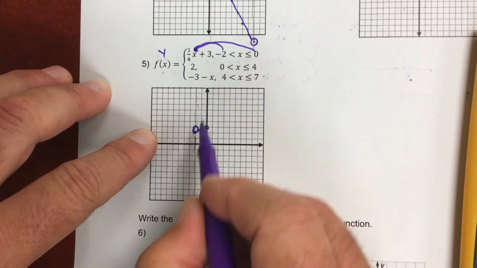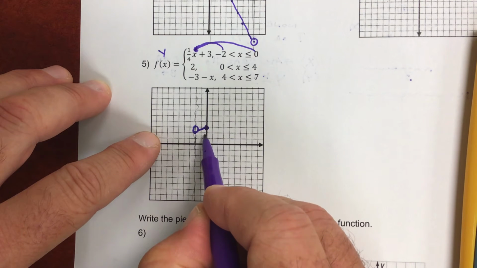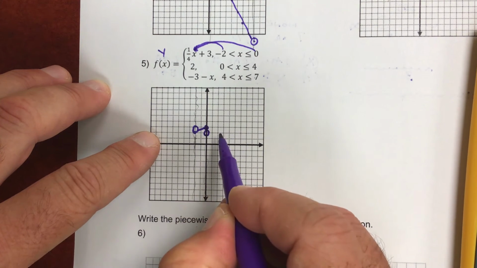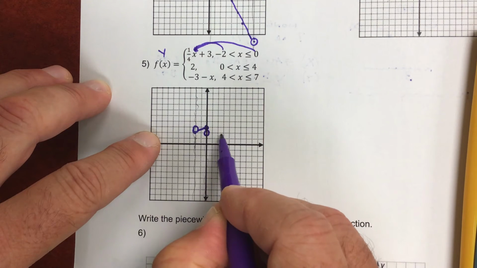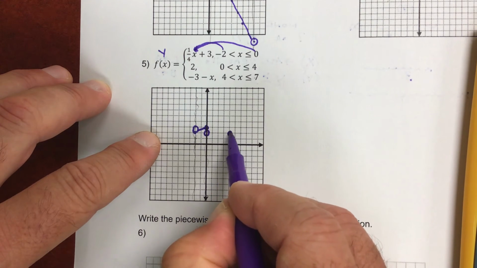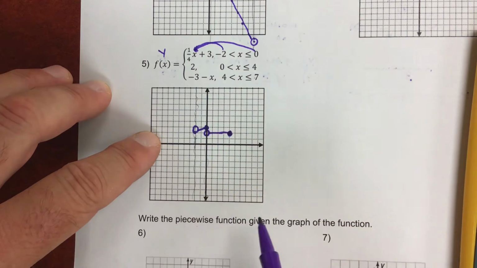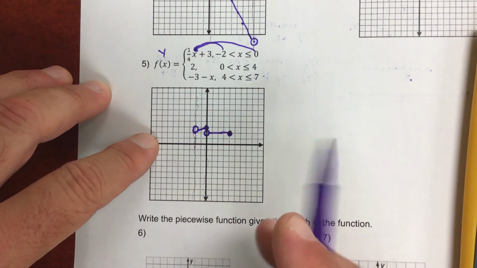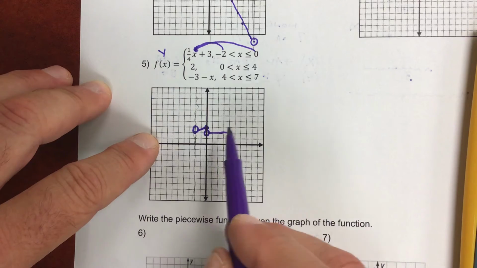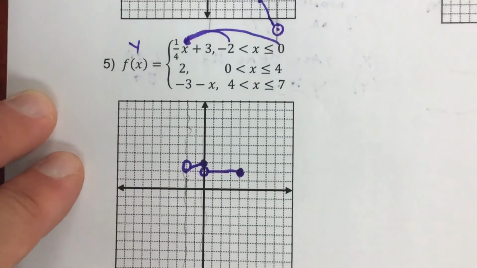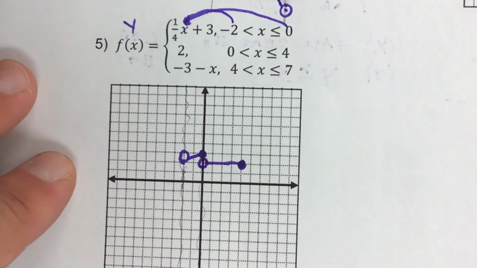So 0 is an open dot, y is 2, so we're going to have it right here. This is an open dot, all the way over here to 4. 1, 2, 3, 4. I put the closed dot on 4 because it's or equal to, and that's the part of that line that I want. That's the piece of that line that I want. That's why it's called piecewise.